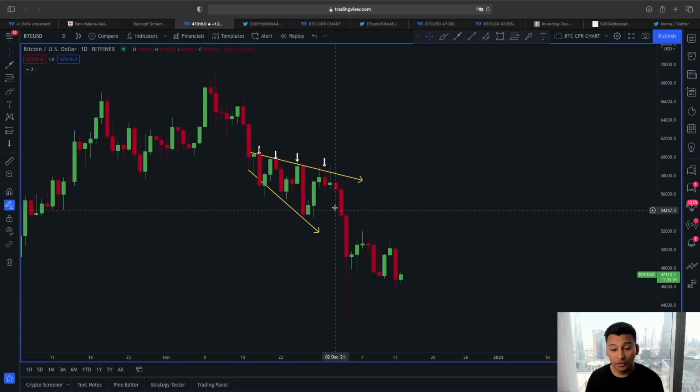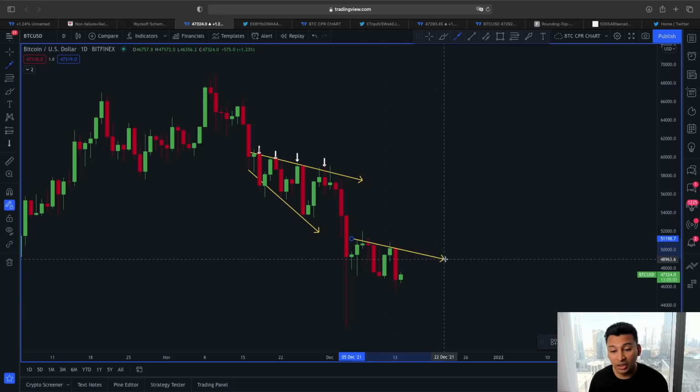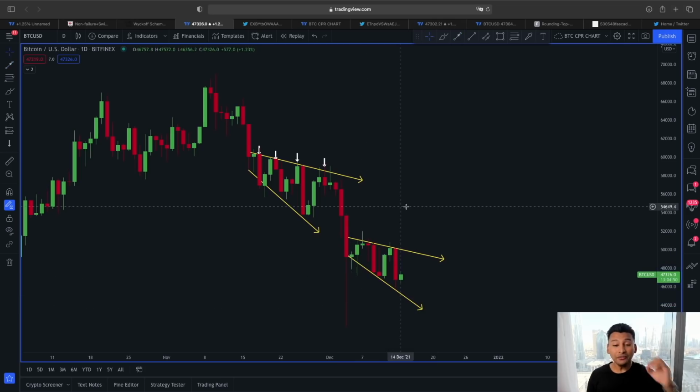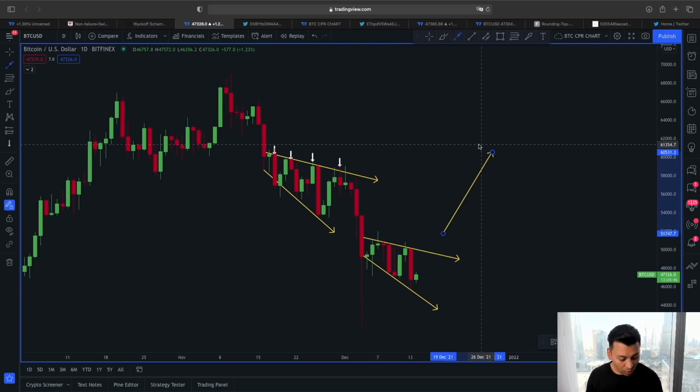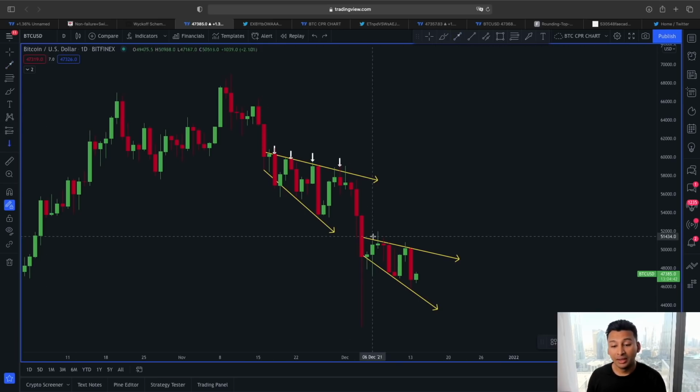And after getting rejection, you can see we also saw this bigger pullback happening. And right now, if you monitor this price structure, it looks like the price of Bitcoin is forming another descending broadening wedge type of scenario. Because if you look at the price structure carefully, if this is going to be an actual movement here to the upside, then we want the price of Bitcoin also to break out of this important line of resistance. You can see resistance, the upper line area of this descending broadening wedge.